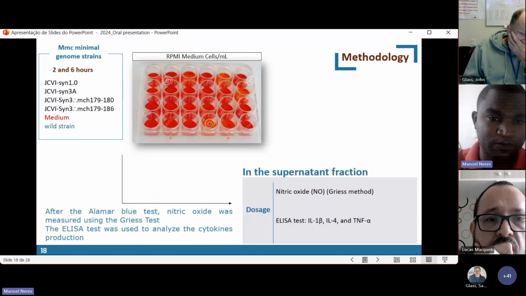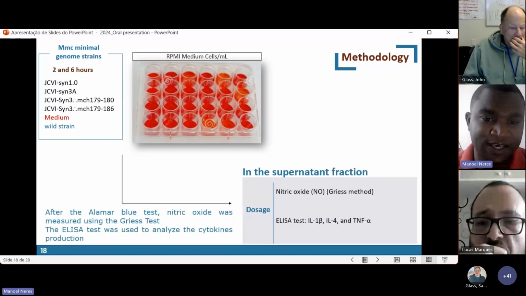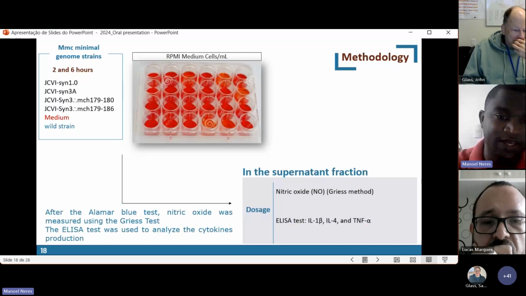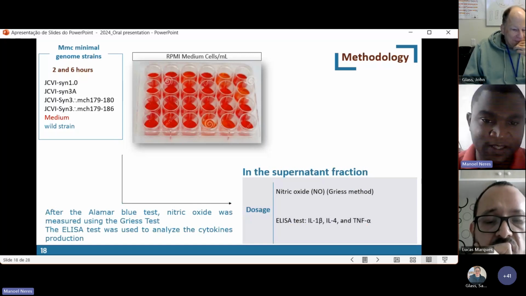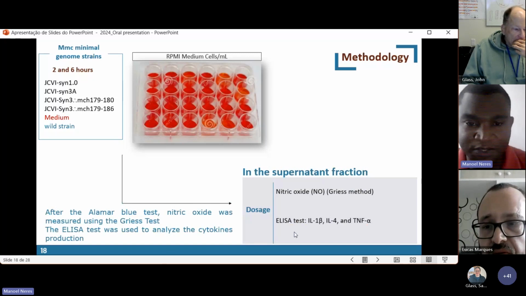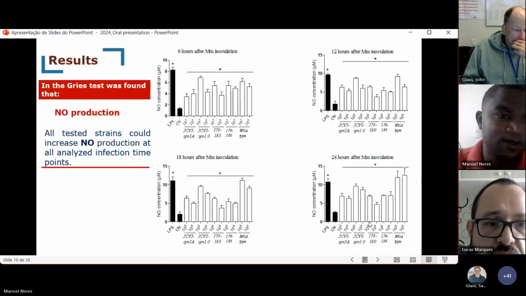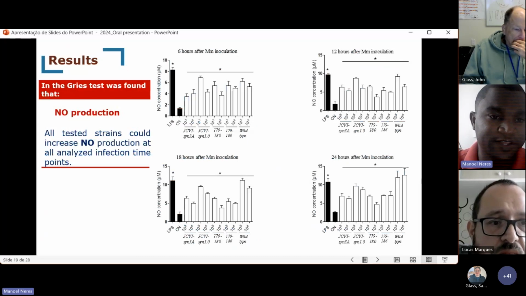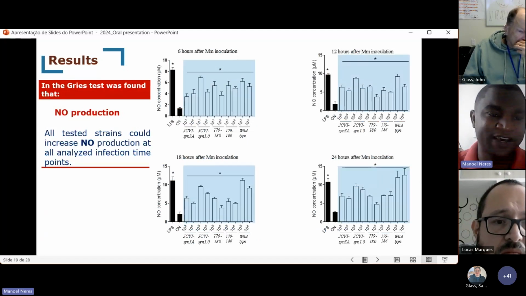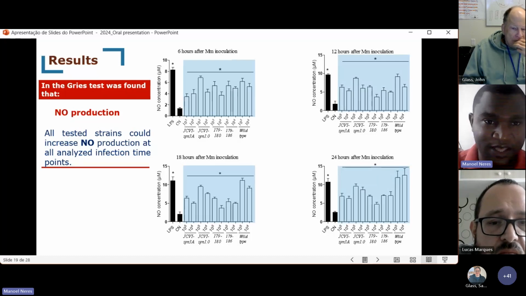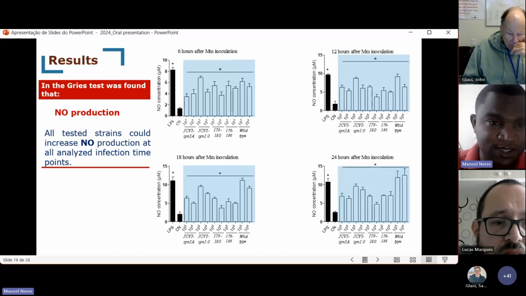After that, we performed the ELISA test and dosage of nitric oxide. In the ELISA test, we evaluated the cytokines IL-1 beta, IL-4, and TNF-alpha. All tested strains could increase nitric oxide production at all analyzed infection time points, as we see here.